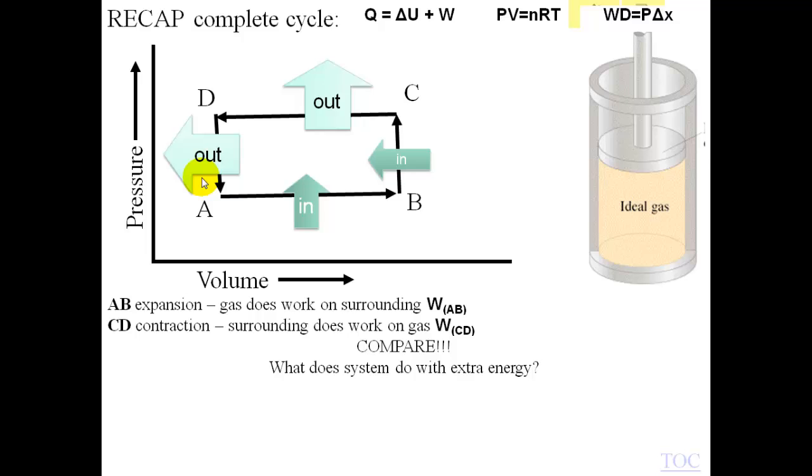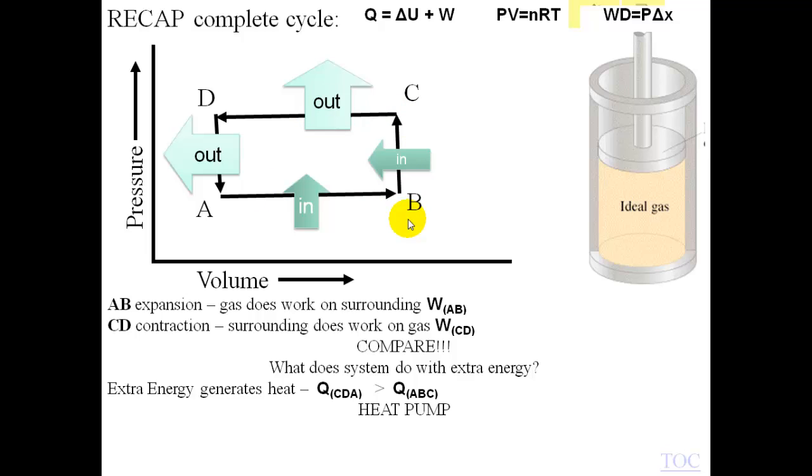So in other words, this system is able to get energy because you're doing work to it. What does the system do with this extra energy? Well, we know that more energy is given out in CDA than is given in ABC.